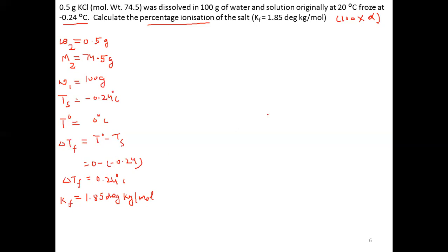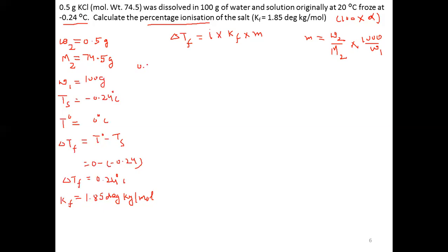So to calculate alpha, we need iota. So we will use this relation. Delta TF is equal to iota into Kf into molality of the solution. Where molality's formula is, I will again write W2 by M2 into 1000 divided by W1, where weight W1 is in grams. So delta TF is 0.24.